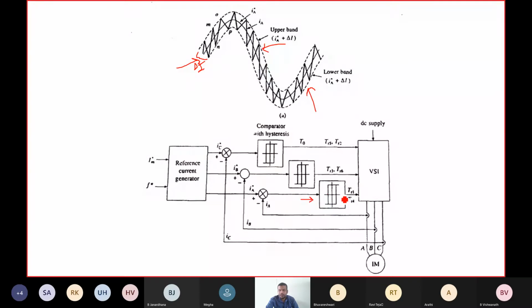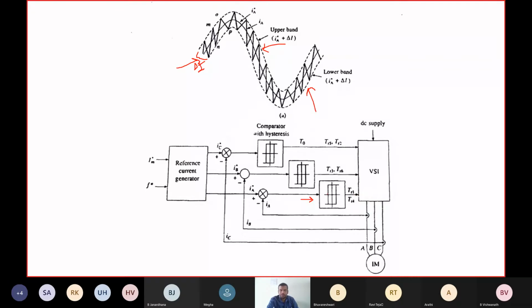So when TR1 is on, phase A is connected to the positive terminal of the VSI, and the current IA will be positive. So A is connected to the positive terminal and IA will be positive.